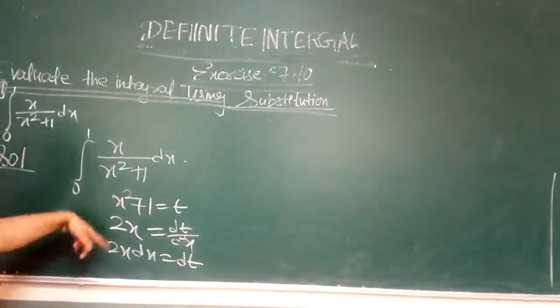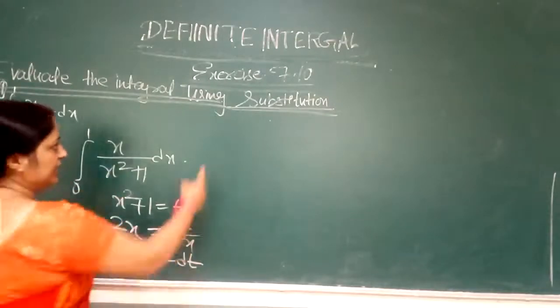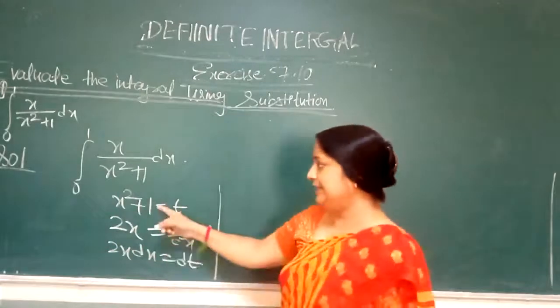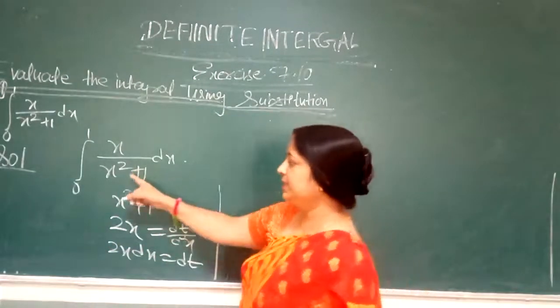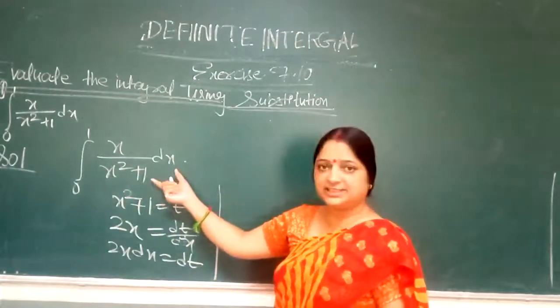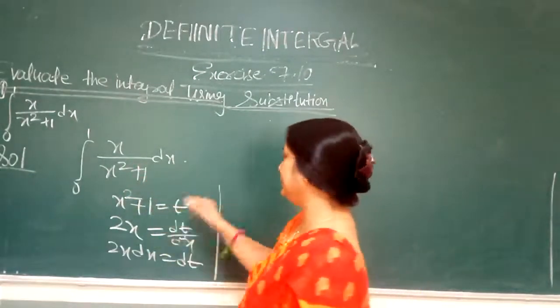Now students, we are using this substitution method, so when you put the values here, you will change the limits. Here the limit is for x. Now we are changing this function as t, so we will change the limits as t.